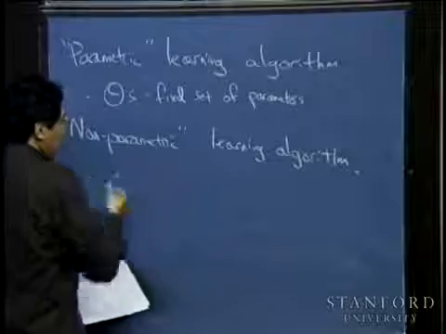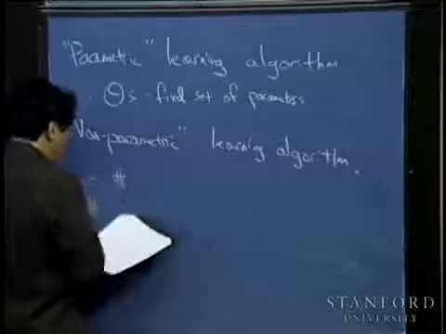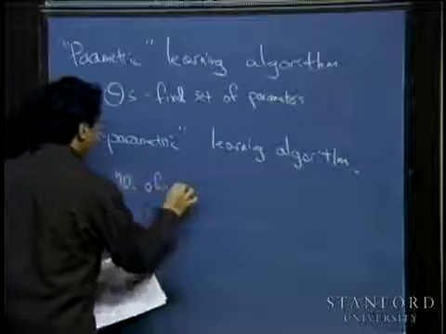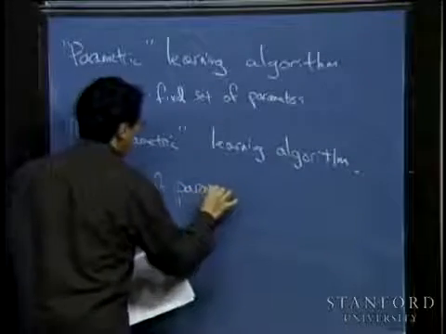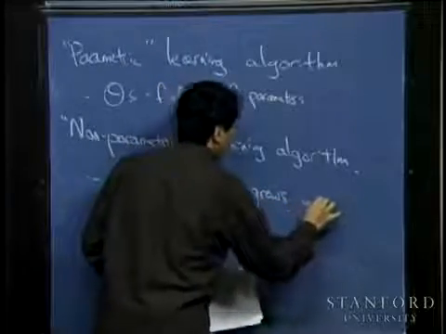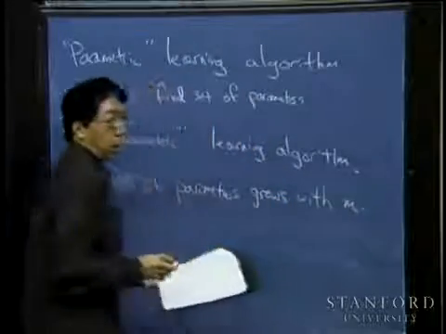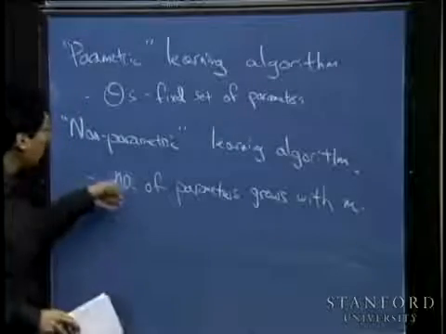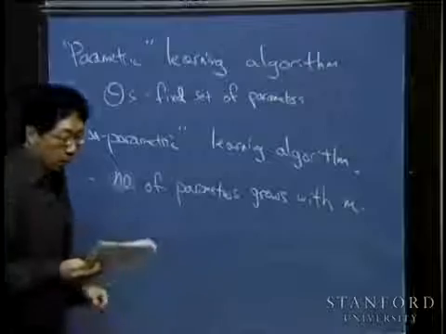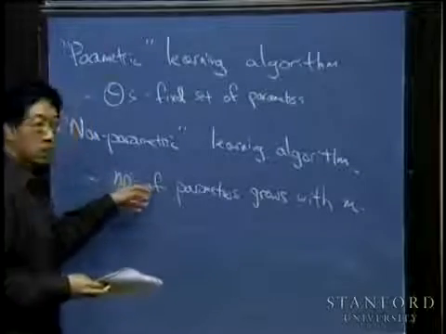The formal definition of a non-parametric learning algorithm is that it's an algorithm where the number of parameters grows with m, with the size of the training set. And usually it's defined as the number of parameters growing linearly with the size of the training set. This is the formal definition.